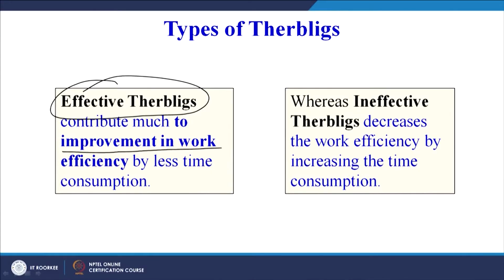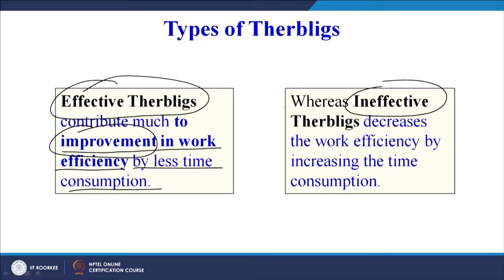Now, types of therbligs. Broadly they are divided into two. One are the effective therbligs. What are these effective therbligs? They contribute to the improvement in the work efficiency by less time consumption. Ineffective is the opposite of effective.